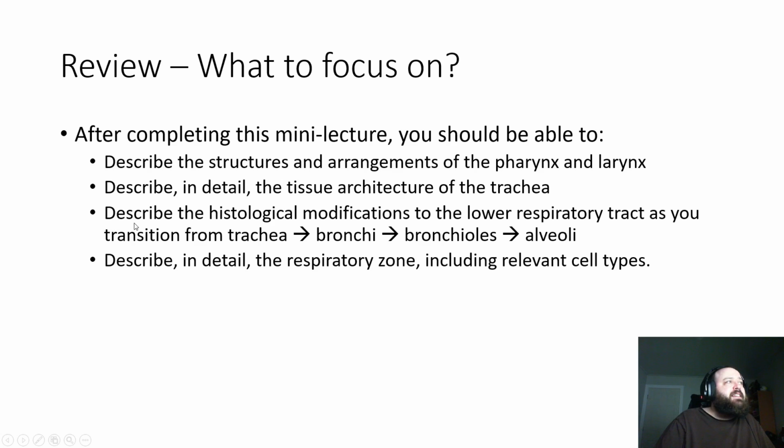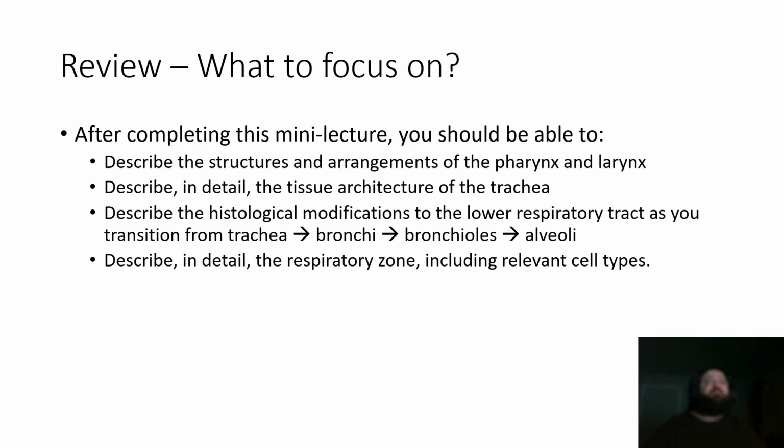You will also be asked to describe the histological modifications to the lower respiratory tract as you transition from trachea to bronchi to bronchioles to alveoli, namely movement away from cartilage, so the beautiful C-shaped rings of hyaline cartilage that you see in the trachea and the bronchi become more irregular as you move more distally through this structure or this tree, eventually to the point where you have no cartilage.